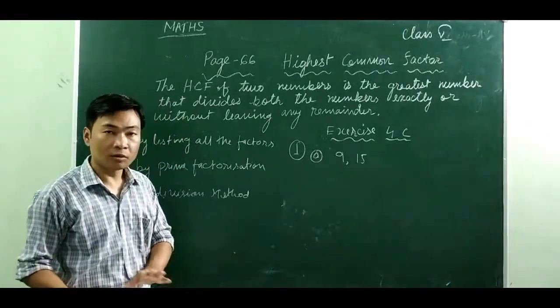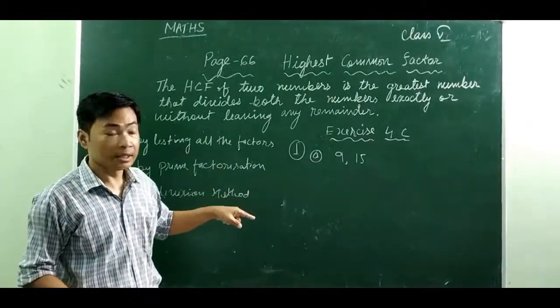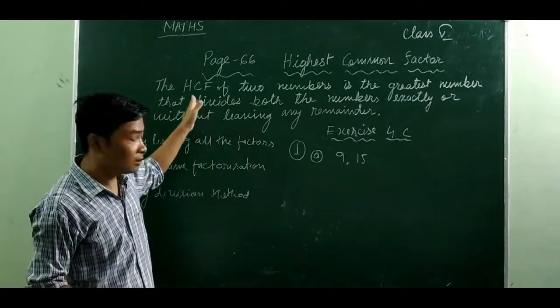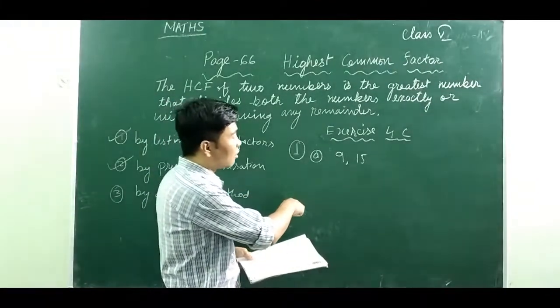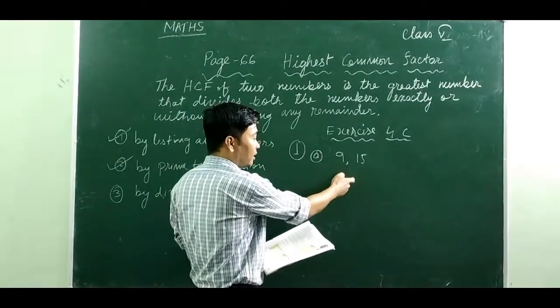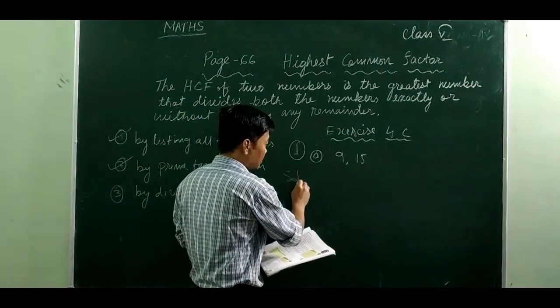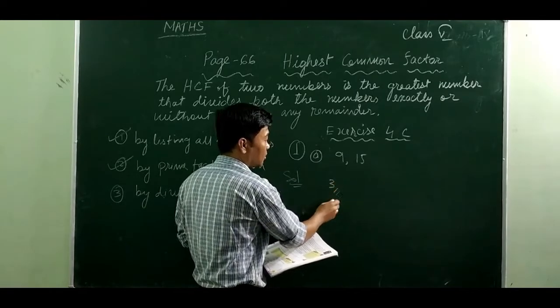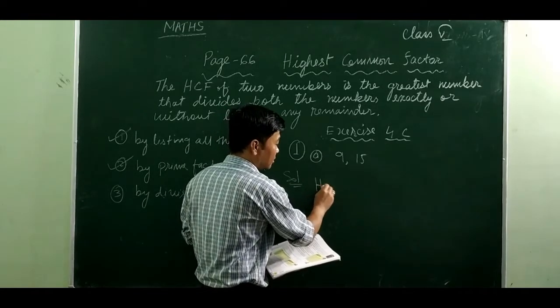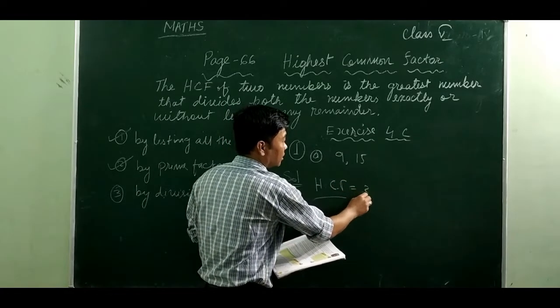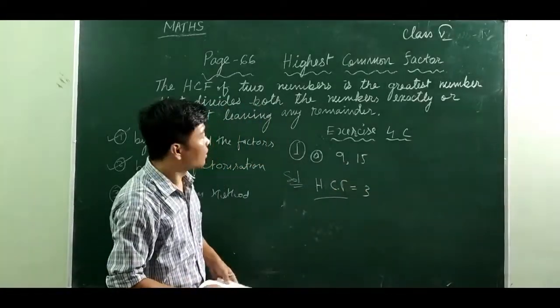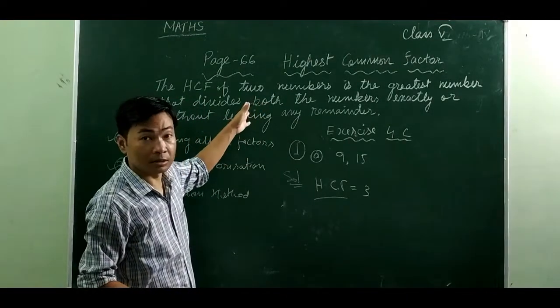Now we have already solved question number 1, and let's see whether this definition has been justified or not. So we got the answer, the HCF of 9 and 15 as 3, the highest common factor, right? HCF equal to 3 for both 9 and 15. Now let's come back to the definition.